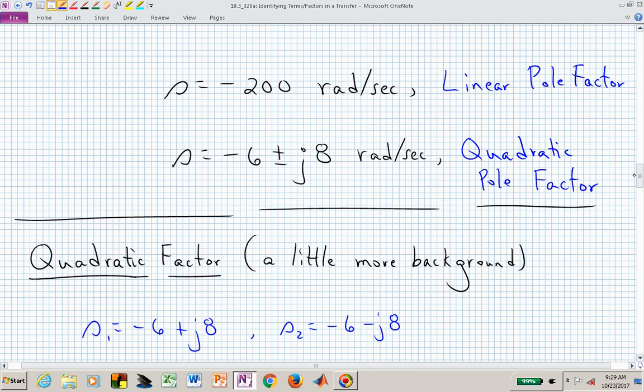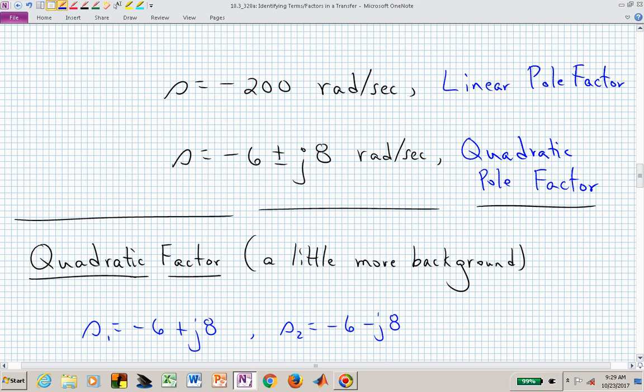So here's a little bit more background, and we're now going to hopefully connect where these complex roots present themselves in that factored form that I illustrated before. We have one root that's in the second quadrant of the complex s-plane at minus 6 plus j8. I'm calling that s sub 1.